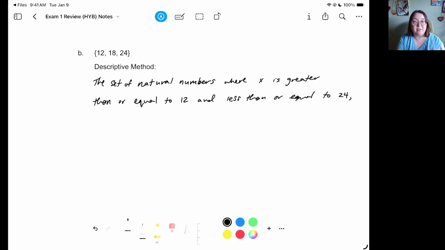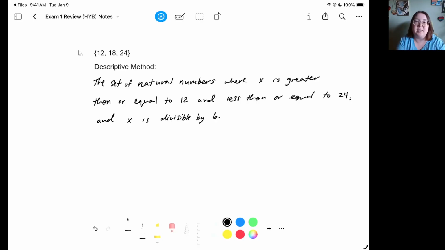So this is the set of natural numbers where x is greater than or equal to 12 and less than or equal to 24, and x is a multiple of 6 or divisible by 6. Either way, you can write that. So we're going to go ahead and say, and x is divisible by 6.